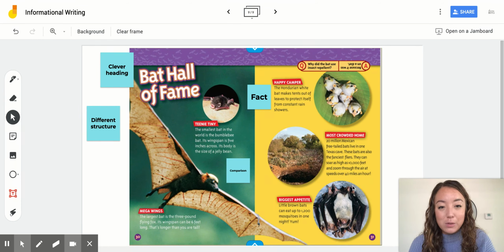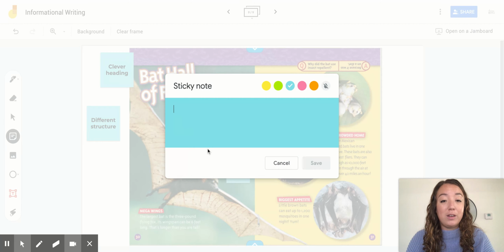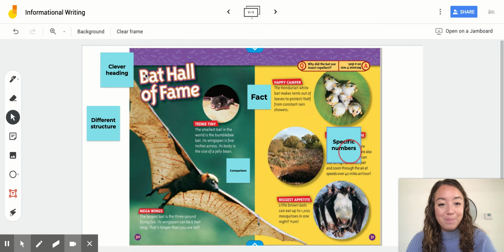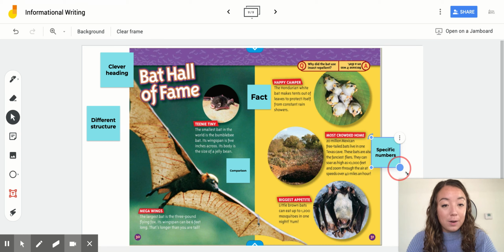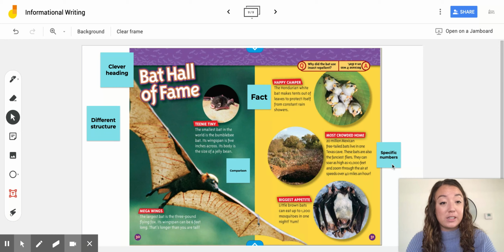Writers, did you notice what this author did in this paragraph? It's something we talked about before. This author used 3 examples of specific numbers, which I really, really like. They use specific numbers to tell us how high they can fly, or how many there are, or how fast that they go. So this is really great, that specific numbers.